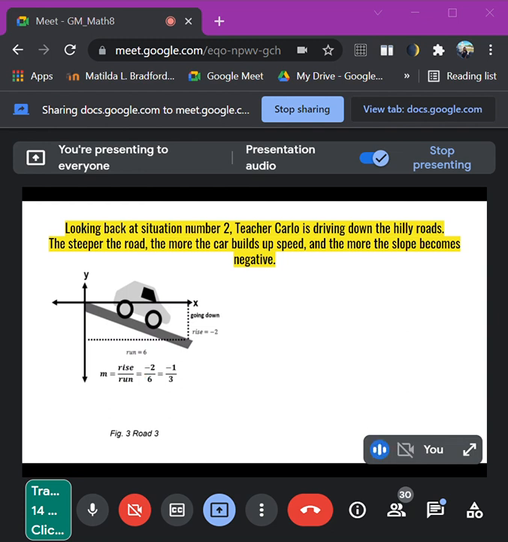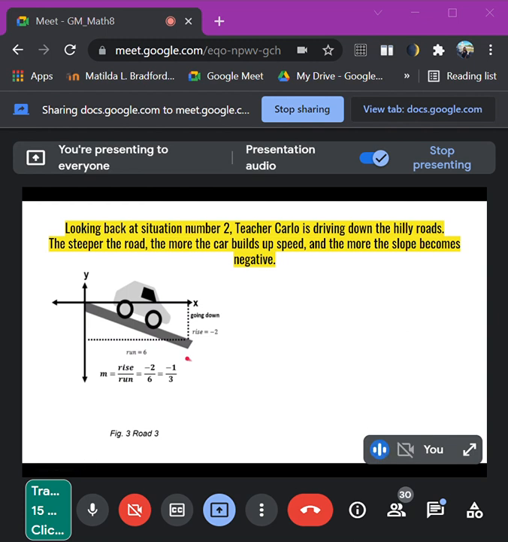Okay? So, our x is horizontal, and our y is vertical. So, you have there for your rise, that is given already, negative 2, and then for your run, that is 6. So, you have there negative 2 over 6, that is negative 1/3.